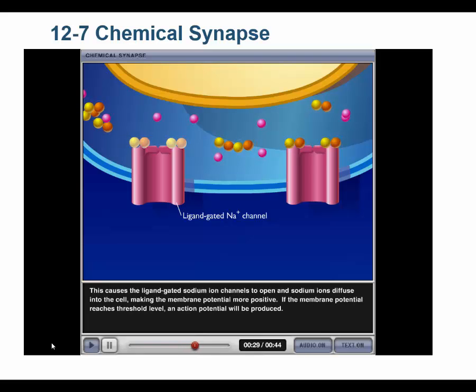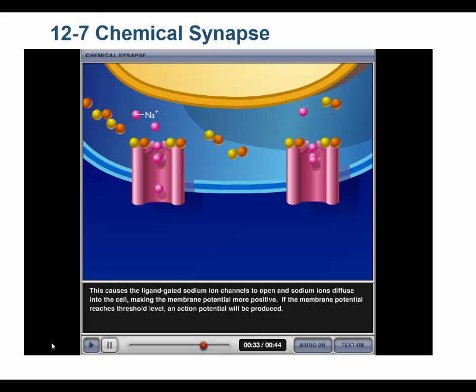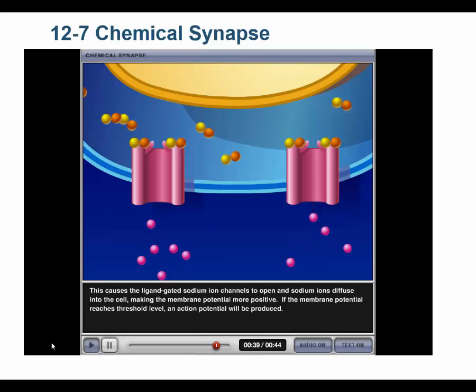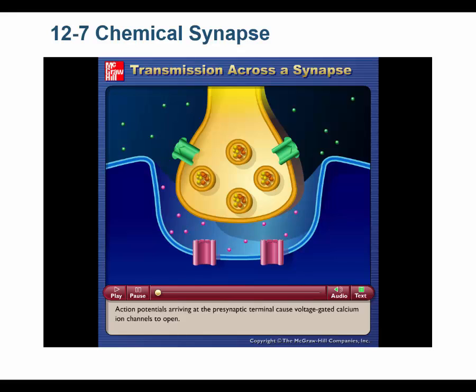This causes the channels to open, and sodium ions diffuse into the cell, making the membrane potential more positive. If the membrane potential reaches threshold level, an action potential will be produced. Okay, that's a chemical synapse.